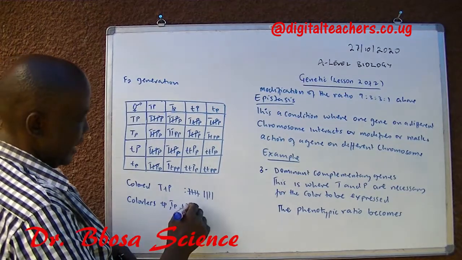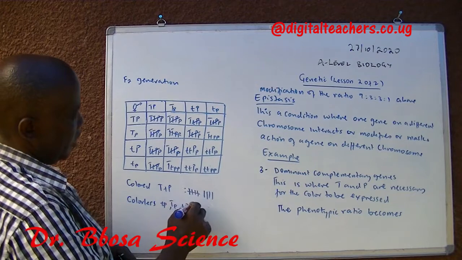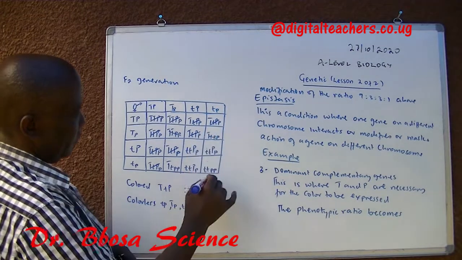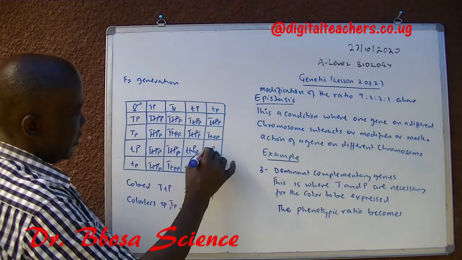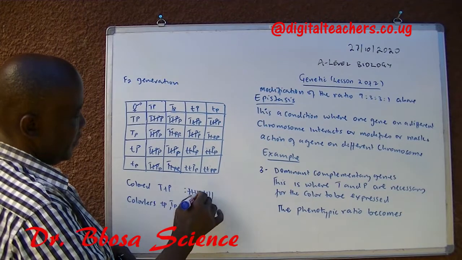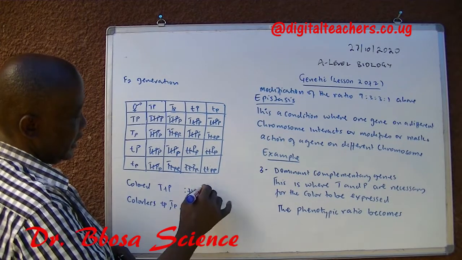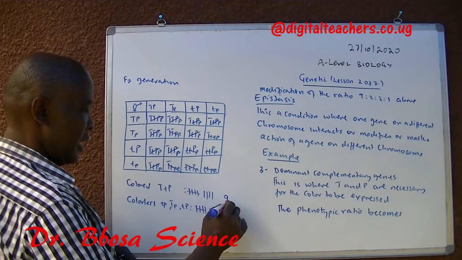Those that are colorless will be 1, 2, 3, 4, 5, 6, 7. So the ratio becomes 9 to 7.